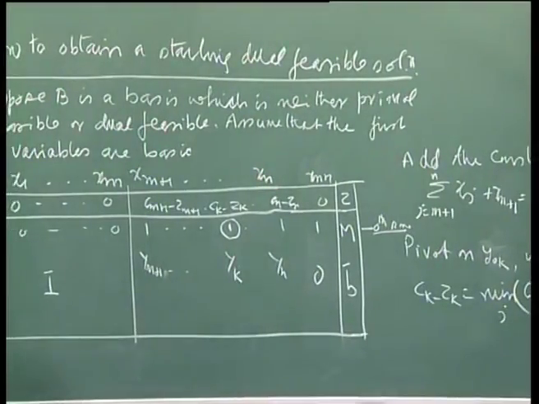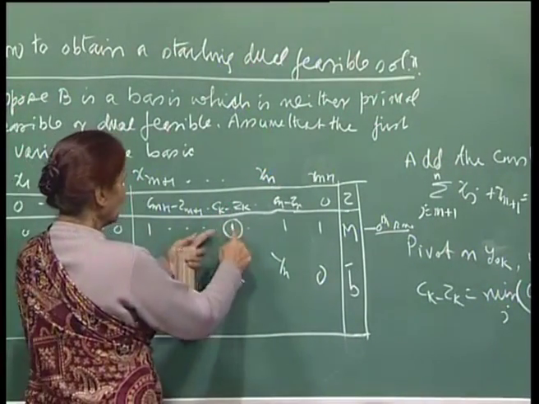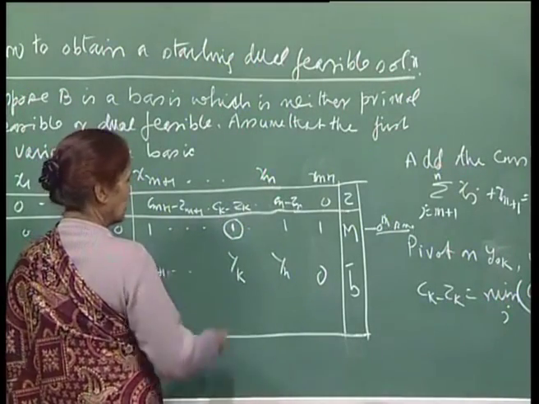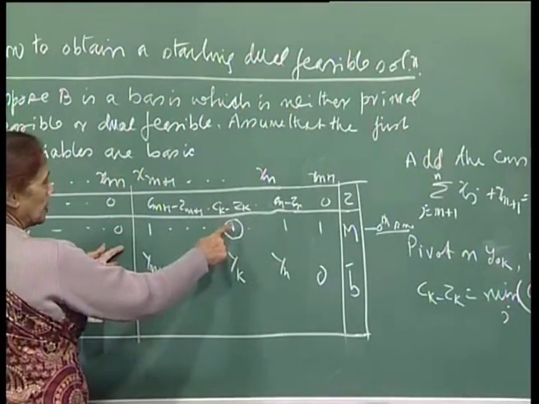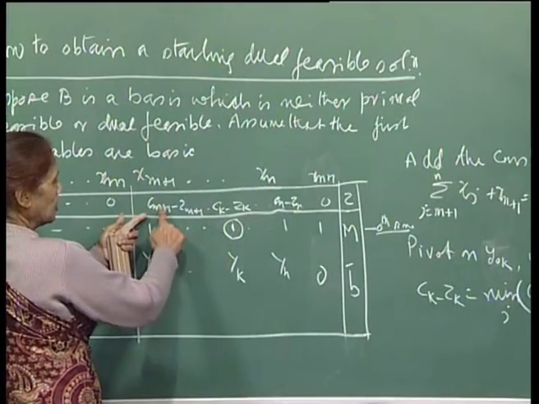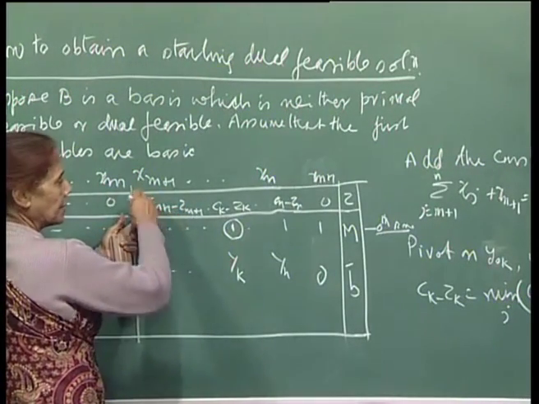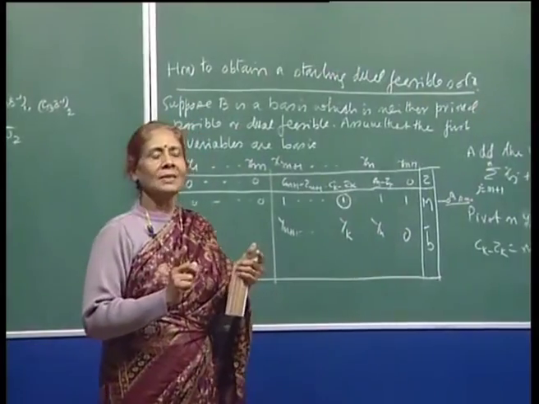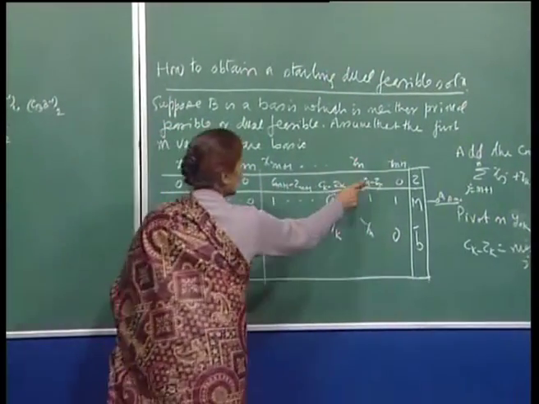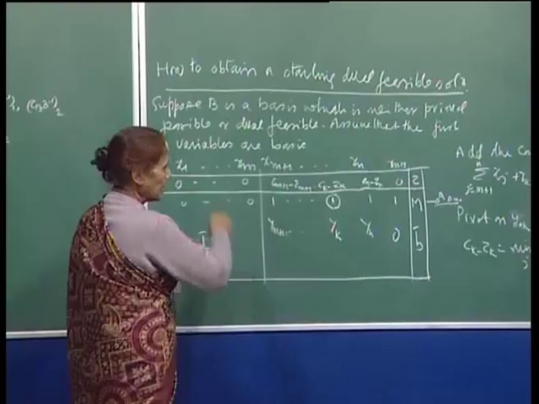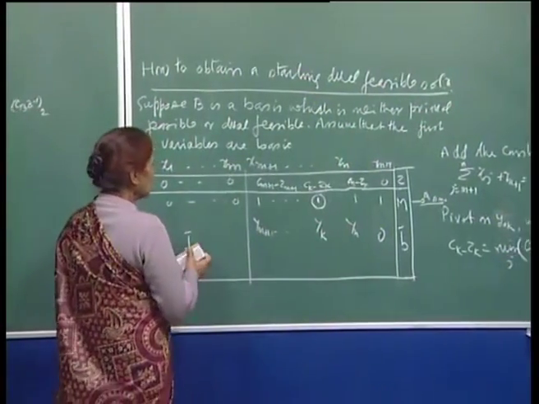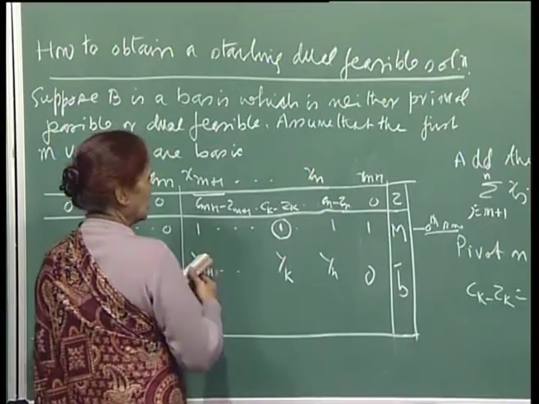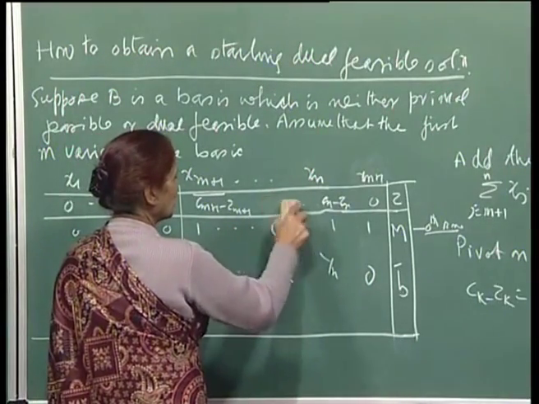When you pivot on this one, to make a 0 here, you will multiply this row by C k minus Z k and subtract. Because it is the smallest one, when you subtract from here, everything will become non-negative. Is that clear? Because I am subtracting the smallest number from among all these numbers. Whatever the bars here, you can write them as bar, and this will all become non-negative.